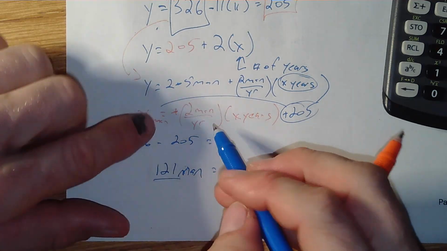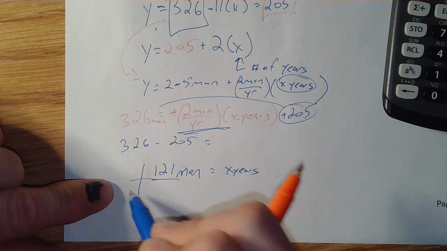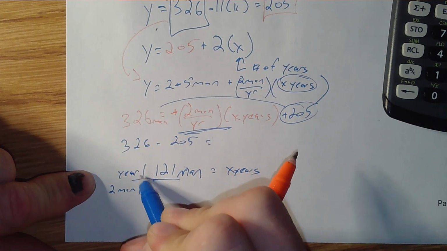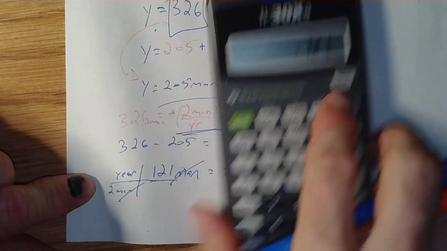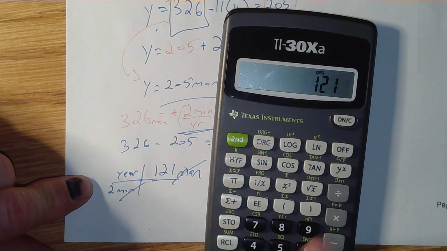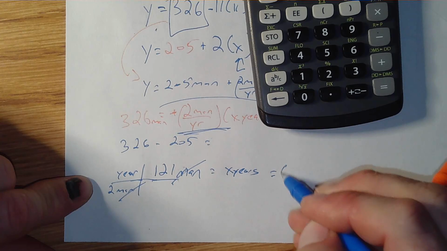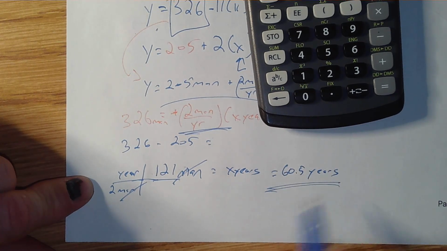All right, so now I have to divide both sides by 2 manatees per year. And you see that my manatees cross out. And I can now figure out it's going to be 121 divided by 2 per year. It's going to take 60.5 years to recover that population at that rate.